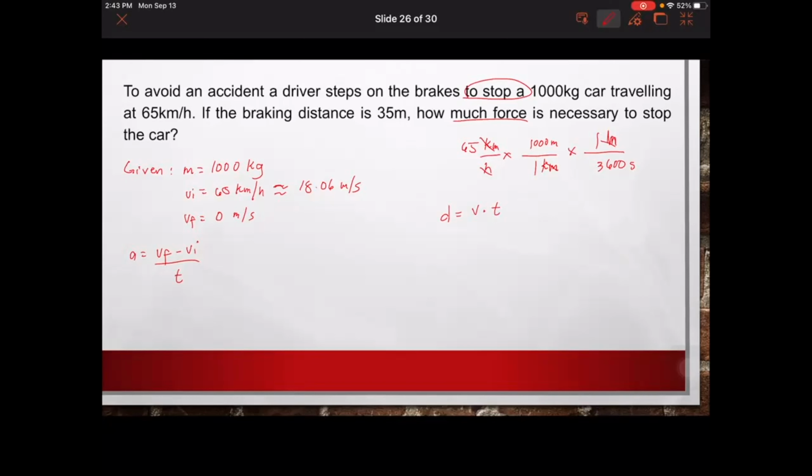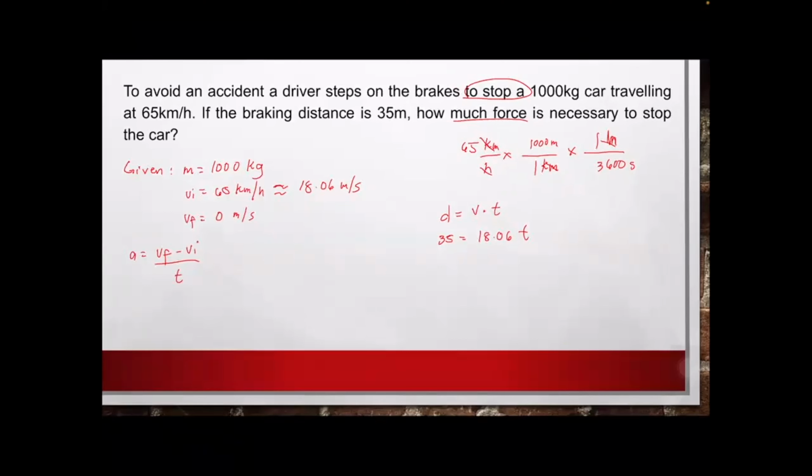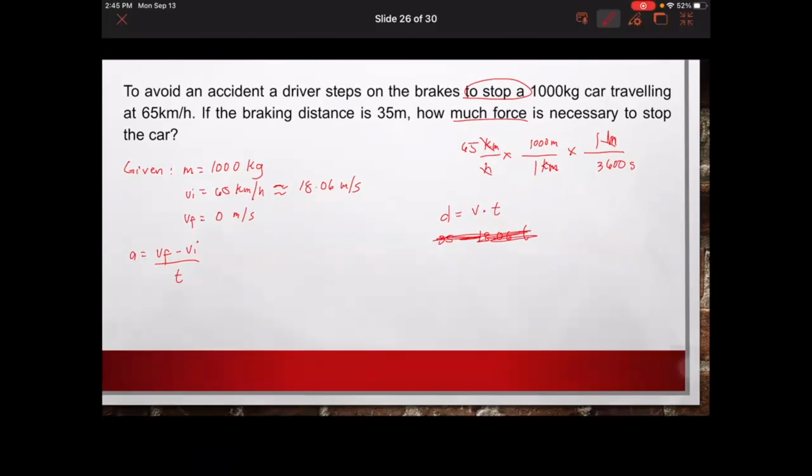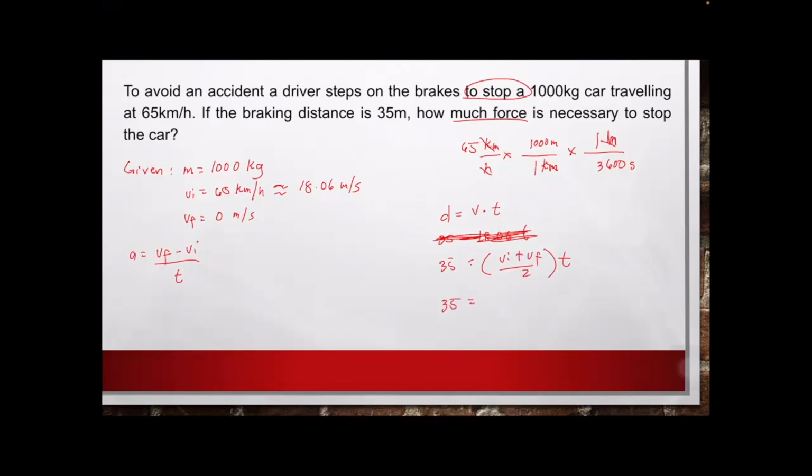The D is equal to V times T. Do we have this kind of formula? Meron tayo yan. Correction, this is average velocity. Magkaroon tayo dito ng 35 is equal to your VI plus VF over 2 times the time, because we need to find for the time. So therefore, 35 is equal to yung VI natin ay 0 plus yung VF natin is 18.06 divided by 2. Then you can get the time.